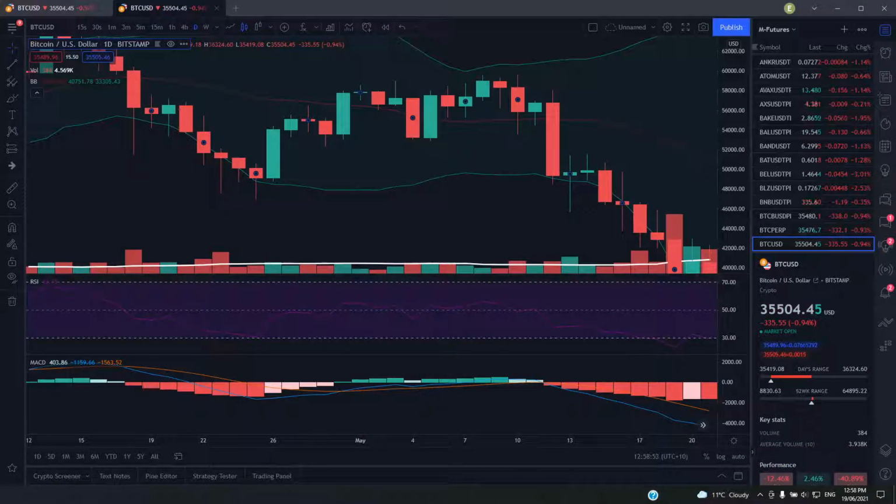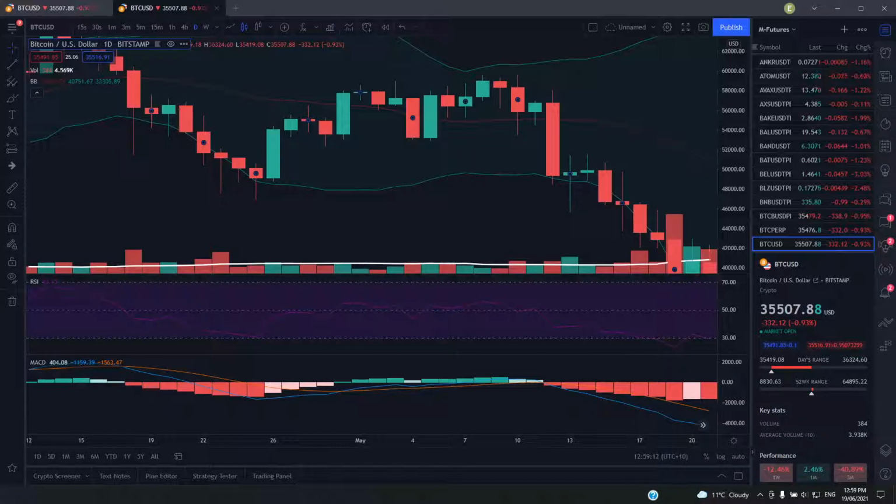So if buying a long position, ensure a type of reversal candle is in place when price is in downtrend.